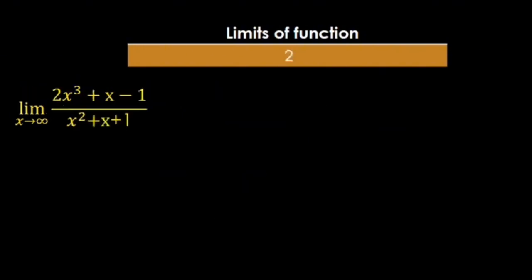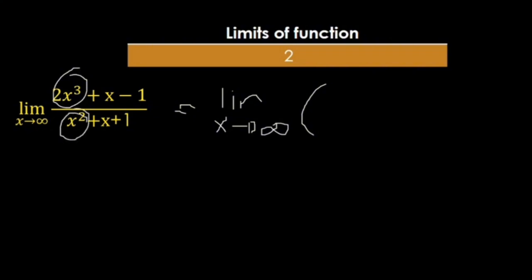Moving to the second question, you have the limit as x tends to infinity of (2x cube plus x minus 1) all over (x squared plus x plus 1). We're just going to apply the same strategy. You just take the terms with the highest degree, that is this one and this one. In the previous video, we called that the preponderant term, that is 2x cube all over x squared.